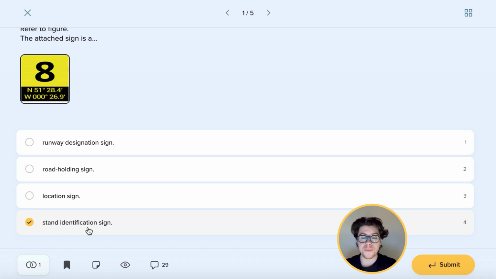So this will be a stand identification sign with the coordinates at the bottom used solely and specifically to align our IRS, and this is why they are there. So this is the reason and the way of identifying whether this is just a normal designator sign or information sign or a stand identification sign, because the stand identification signs will always have coordinates attached in order for us to properly align our IRS, which requires to input the coordinates.